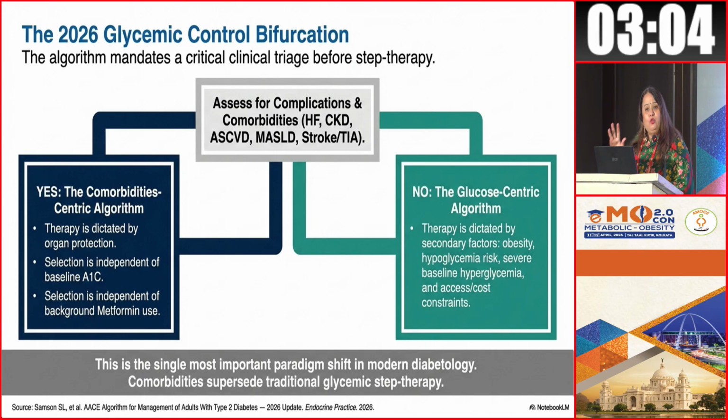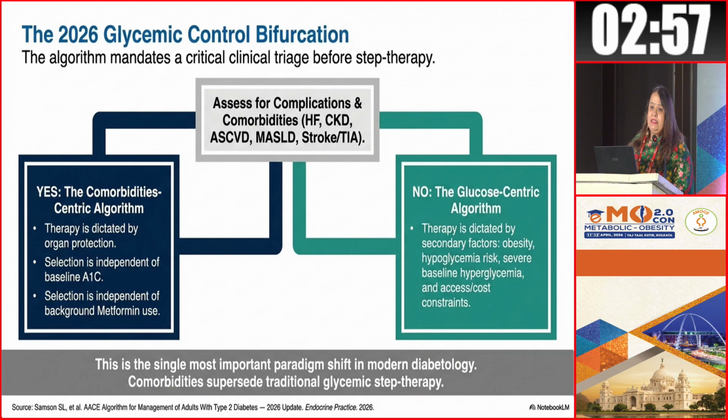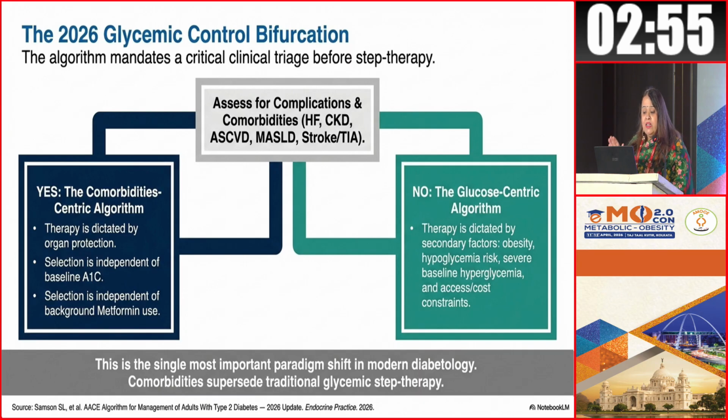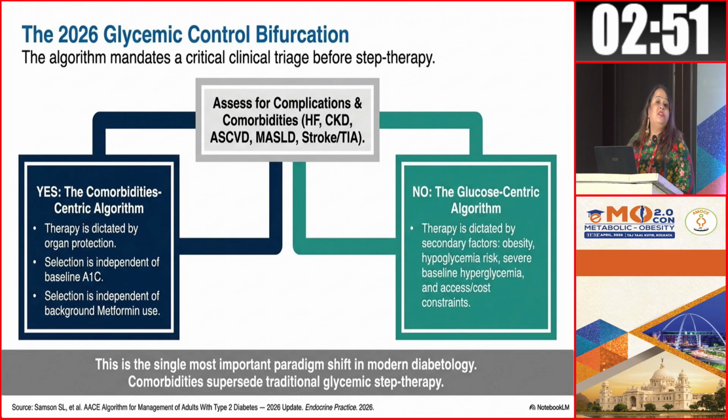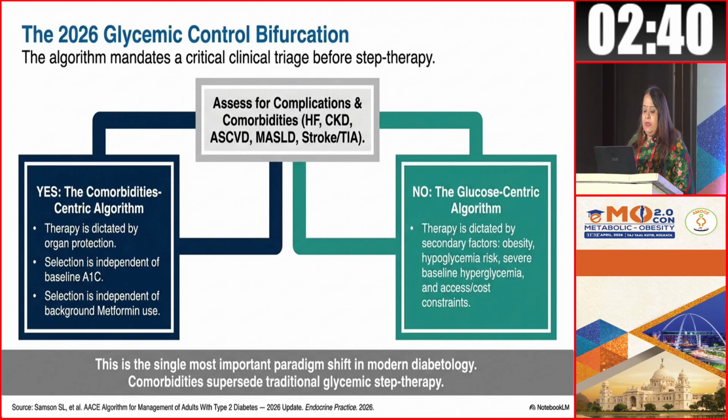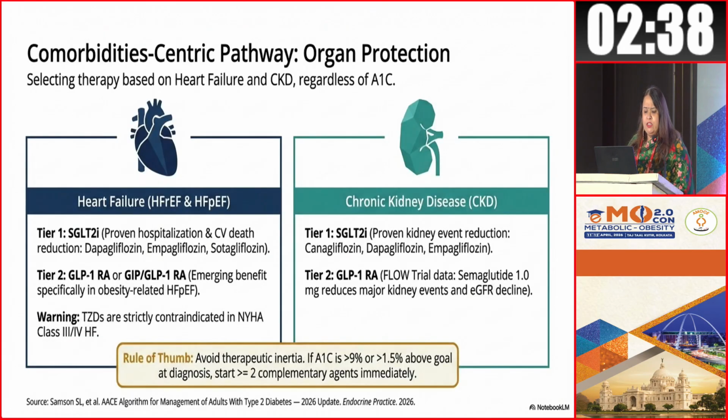And if there are no complications or comorbidities, then therapy is dictated by secondary factors like obesity, risk of hypoglycemia, severe baseline hyperglycemia, and definitely social factors like access and cost constraints are also very well highlighted here. But they are talking about definitely moving away from the step therapy that we used to, and ADA also does not recommend that.